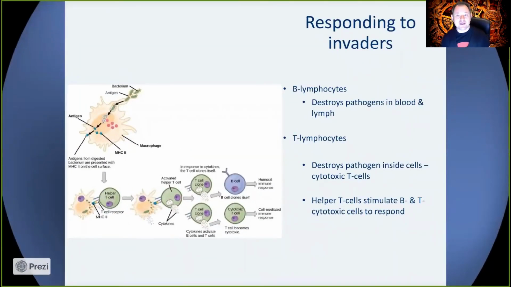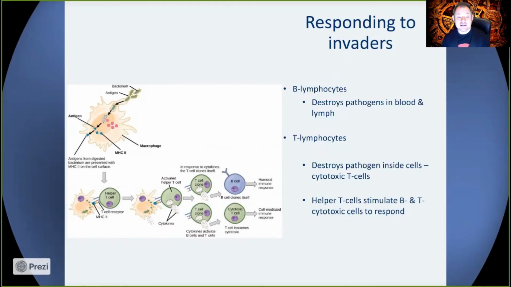Okay, so let's break this down a little bit more, the B and the T lymphocytes. You get some sort of antigen presenting cell, let's say a macrophage. It's eaten some microbe. It's displaying the antigens on its surface in the major histocompatibility complex. A helper T cell comes along, binds its receptor to the antigen on the surface of that macrophage, and becomes activated.